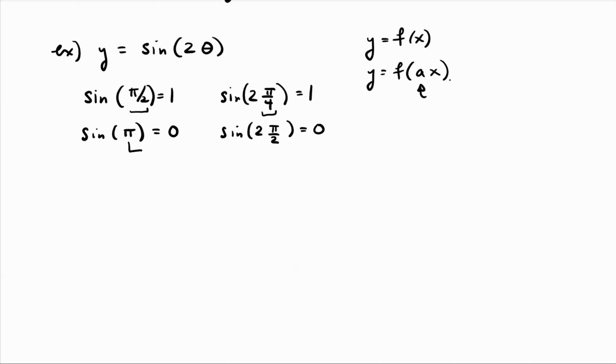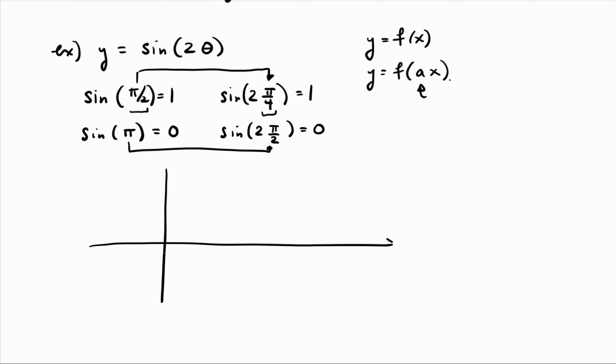So again, from pi, we have to move to pi over 2 to get the same y value. Similarly, from pi over 2, we have to move to pi over 4 to get the same y value. So everything's going to get compressed. Let's take a look at the graph. That's going to be a compression of a half.